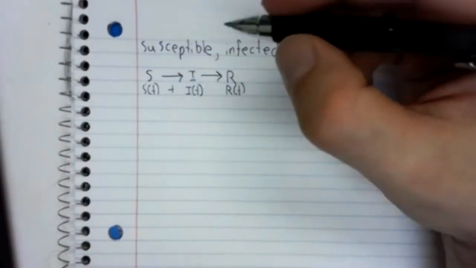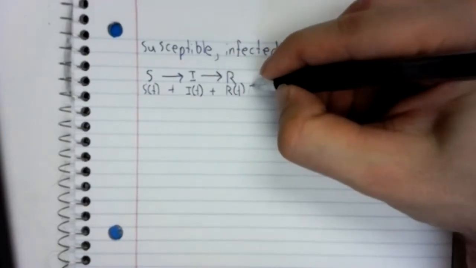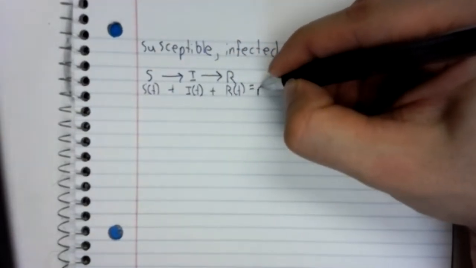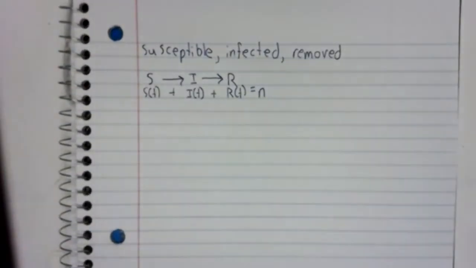We have that S of t plus R of t plus I of t equals N for some fixed N.